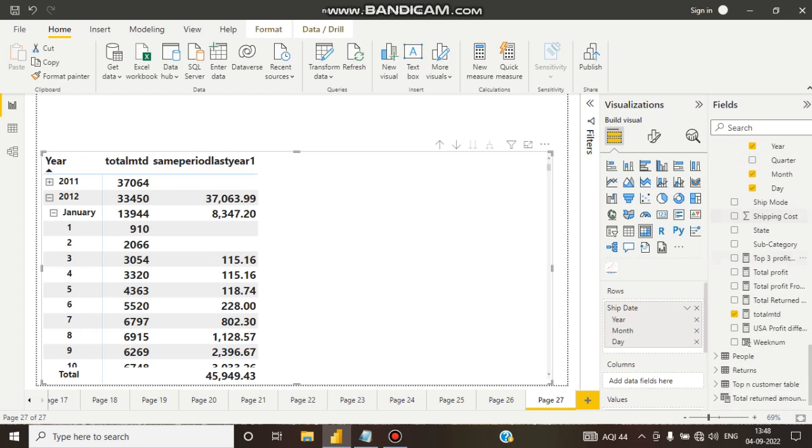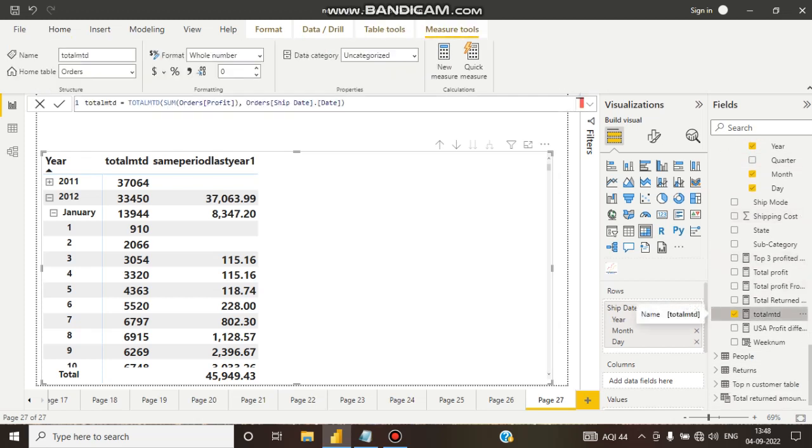And there is total MTD. What does total MTD mean? Suppose this is September 2022, and in this month our company has profited 10,000 rupees. Total MTD will look at how, from September 1st to 30th September, this 10,000 rupees is made day by day.